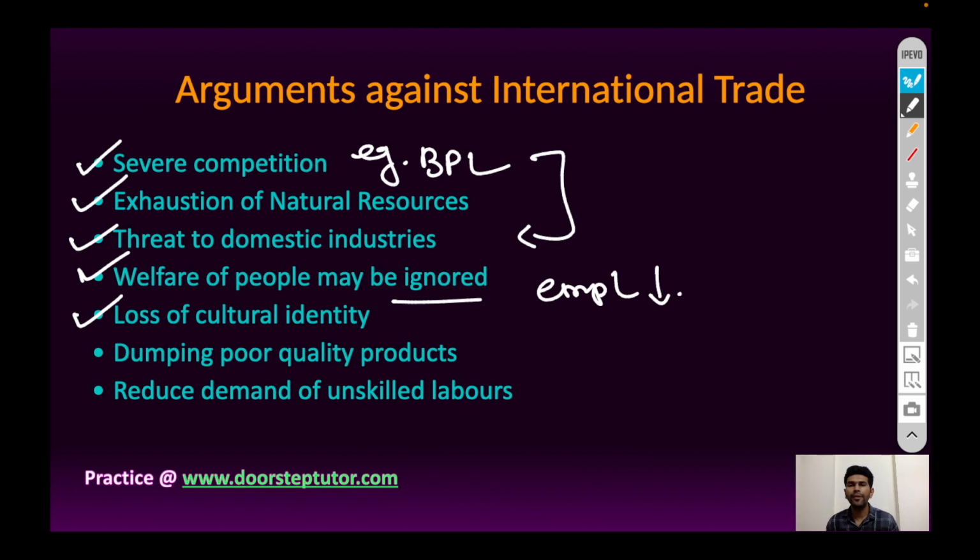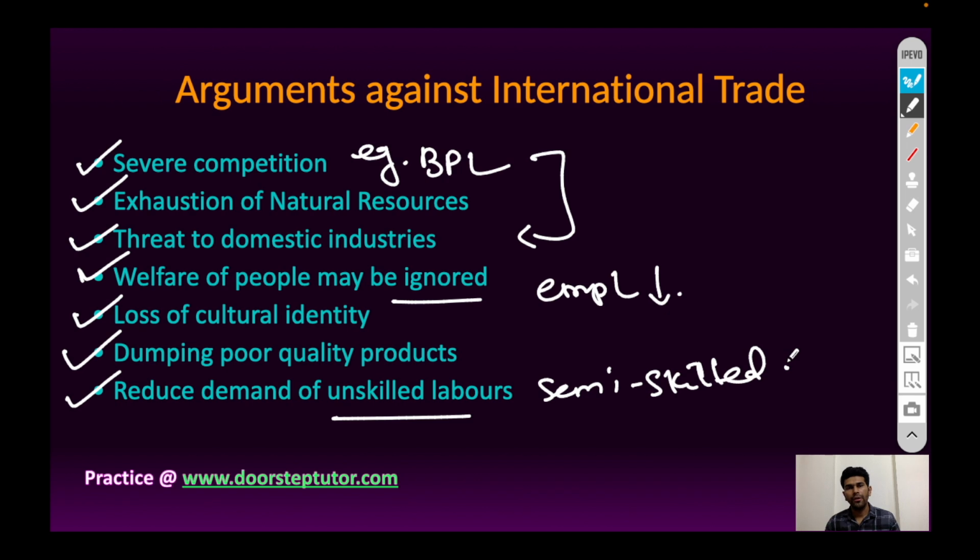To some extent, India has started adopting Western cultures in sense of dressing or consuming foods, etc. Next, dumping poor quality products, for example, Chinese mobile. Next, reduced demand of unskilled or semi-skilled laborers due to replacement by machinery. Employees are losing their jobs.